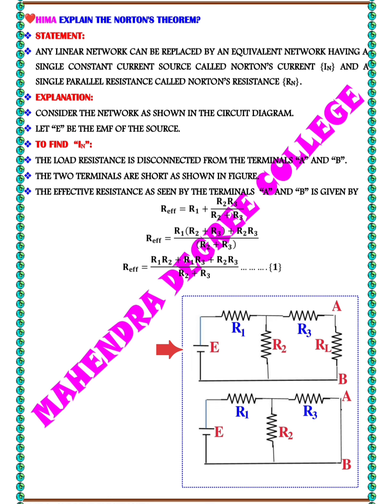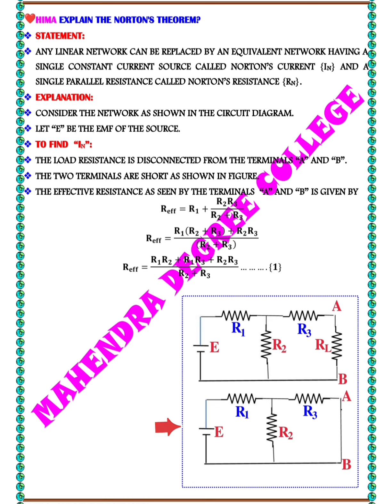Next, in a parallel configuration, resistors connected in parallel have the same voltage across them and their total resistance is calculated using the formula 1 by R equals 1 by R1 plus 1 by R2 plus 1 by R3 and so on up to 1 by Rn, where R1, R2, R3 and Rn are the individual resistances.